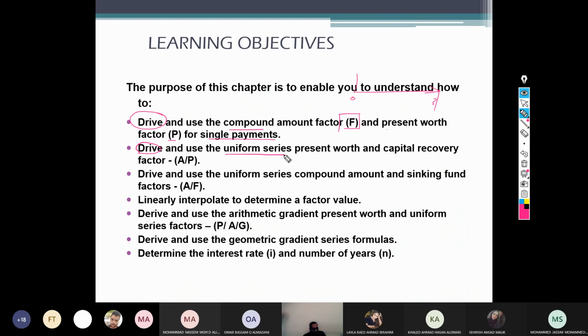Present worth and capital recovery. I'm going to be explaining this in detail. If I have a uniform series, uniform payments, what is the total due? Sorry, I'm collecting and total due.